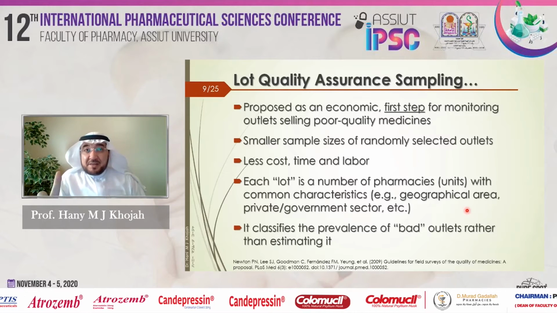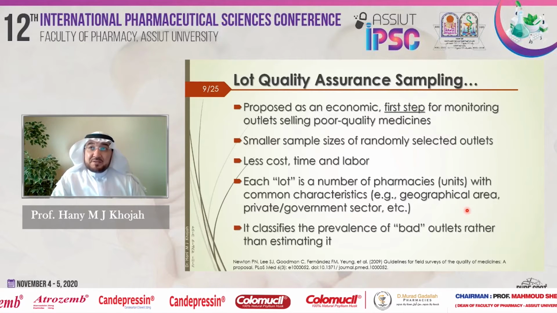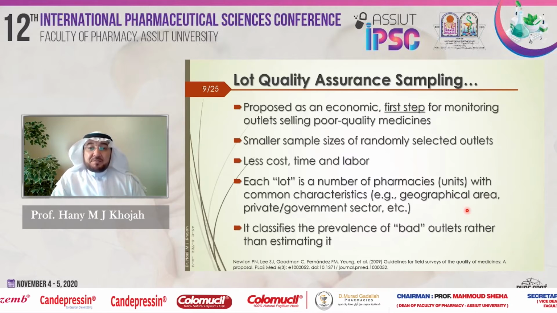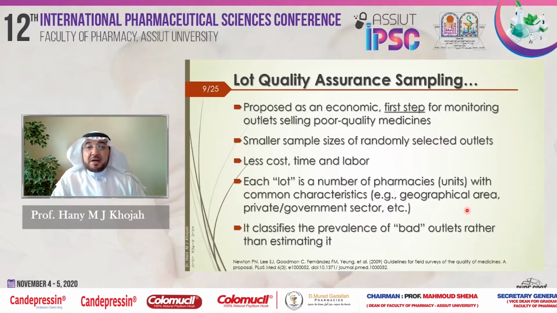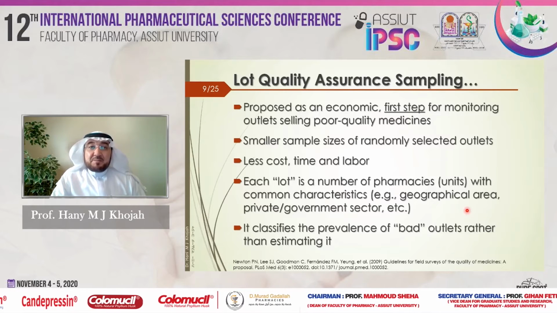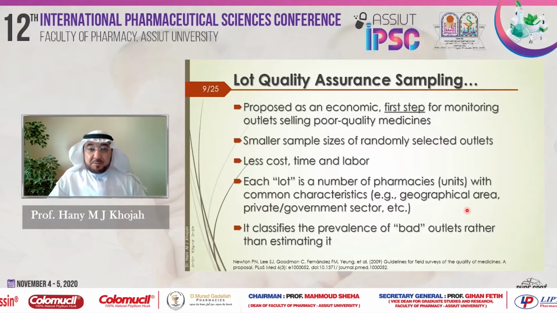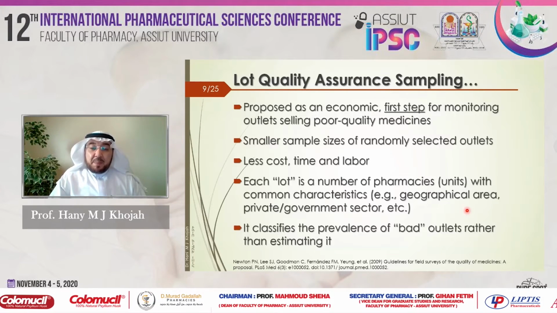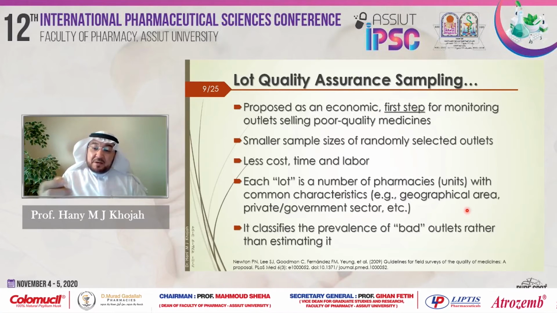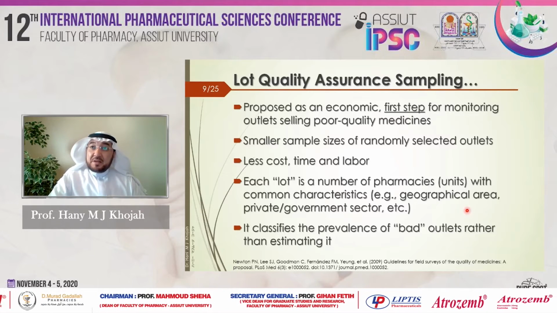It just classifies the prevalence. It does not tell me exactly what the prevalence is. It cannot tell me that 15% of the pharmacies in this geographic area are selling counterfeit medicines, but it will tell me that the prevalence is more than 10% or 20%. This is based on the definition of the upper and lower thresholds and the type 1 and type 2 errors that we define.